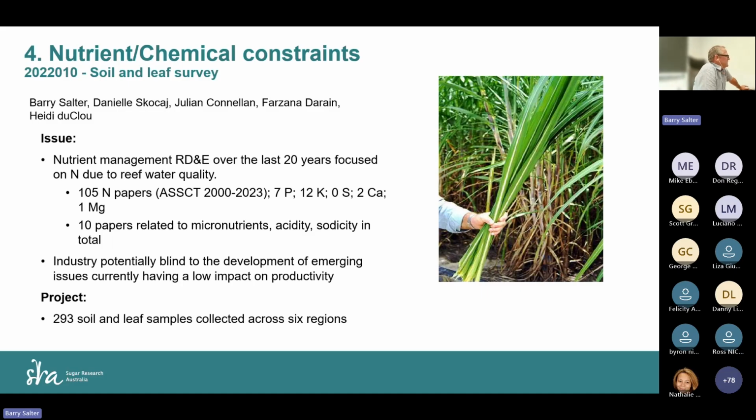So you can see the clear focus on nitrogen that's reflected there. And clearly that's because of the focus on reef water quality. So we thought the industry was kind of blind to the development of other emerging nutrient issues. And so we did a soil and leaf survey to try and see what potential problems might be emerging.